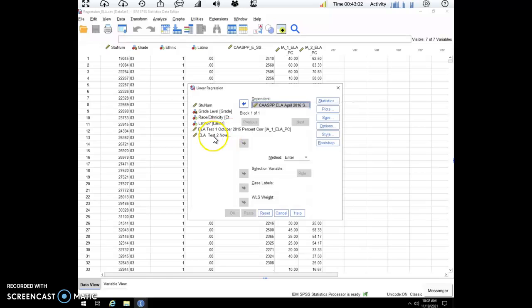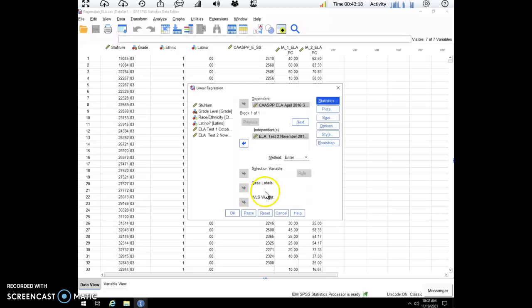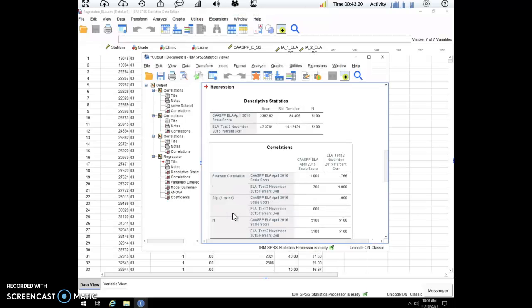That is our outcome variable. Our predictor, our independent variable, is going to be the November test. We can go to statistics, and we want to make sure estimates, model fit, and descriptives are checked, and that will help us check some of our answers for the following questions.